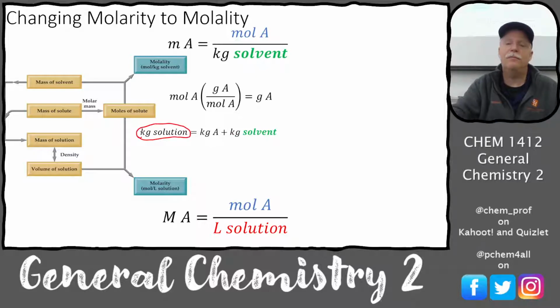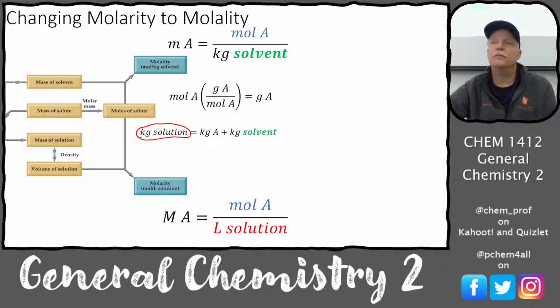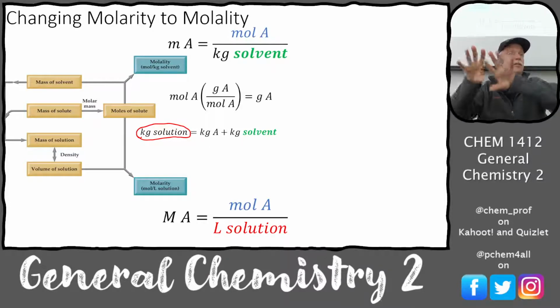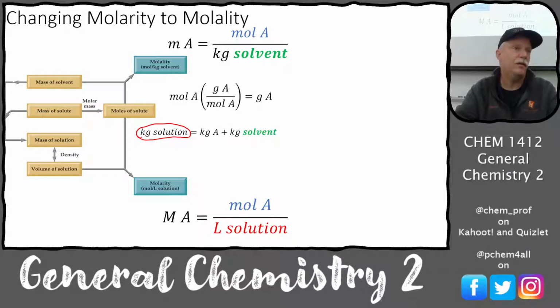So now I've got the mass of that solution. Everybody see what we did? We had the mass of the solvent. And how much does the whole solution weigh? We've got to add in the mass of the solute. So we get those two masses, add them together, we have the solution mass.